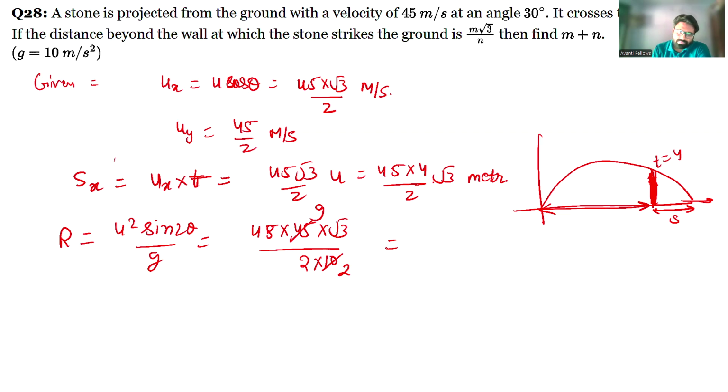So it is nothing but 45 multiplied by 9 root 3 divided by 2. Okay.